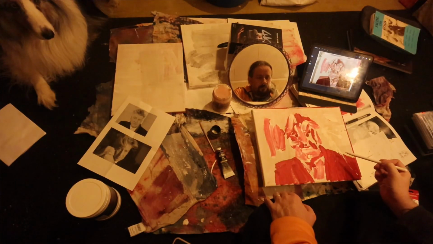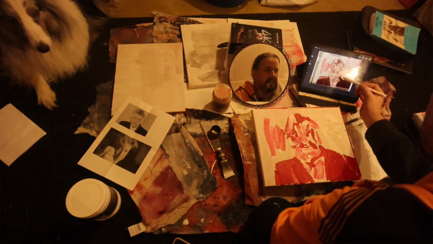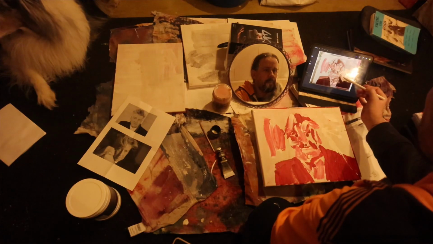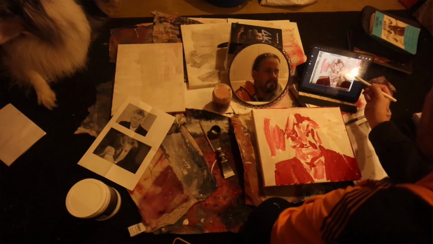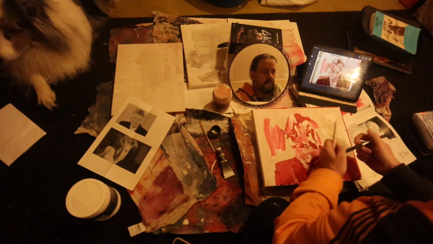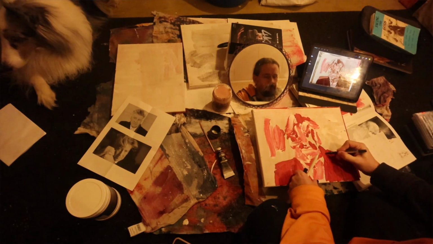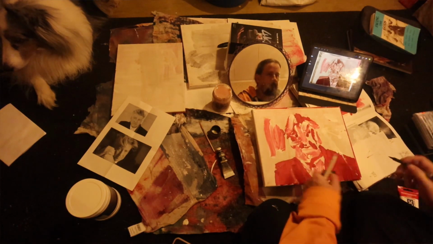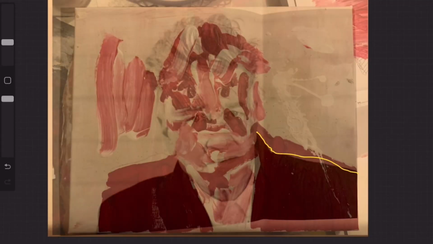I'm looking at my sorry excuse of a painting, and I'm looking at this picture with the painting and the picture overlaid. And then I'm looking at shapes. I'm looking at this shape over here. And then I'll just draw a line sort of in the same place over here. And then I'm looking at where the eyes are.